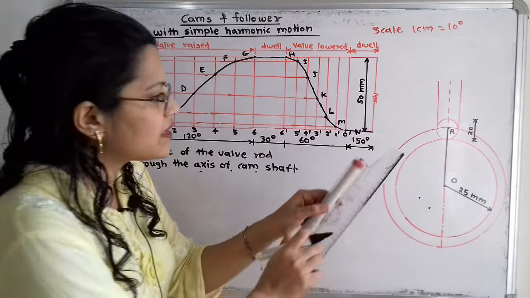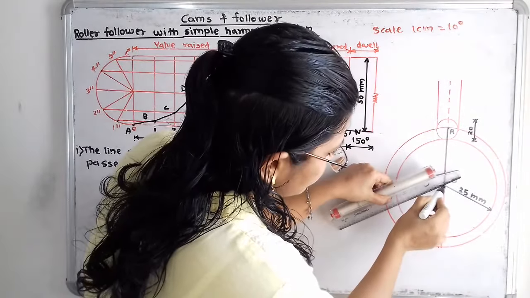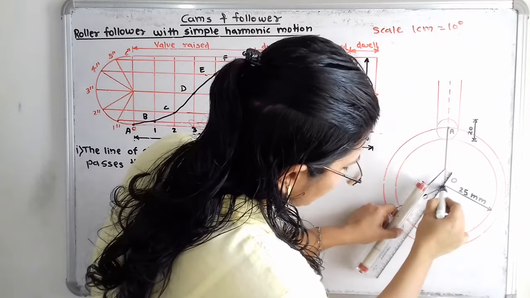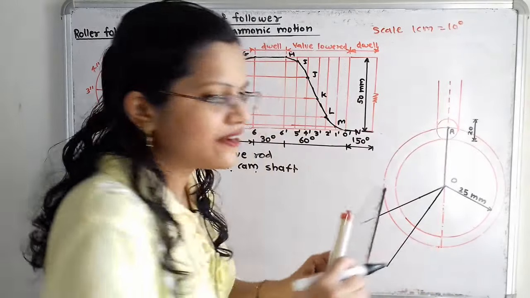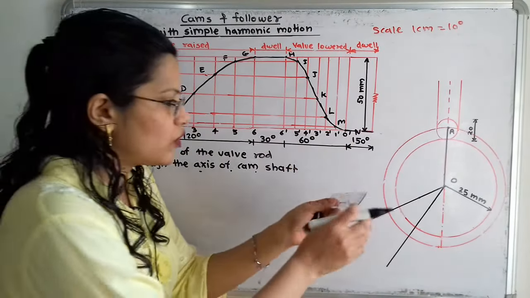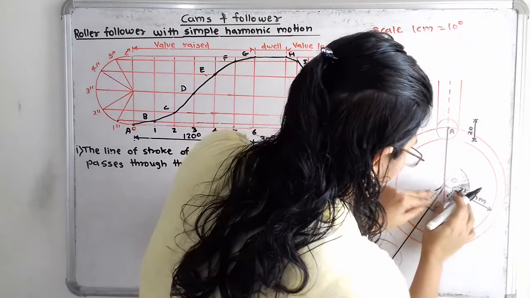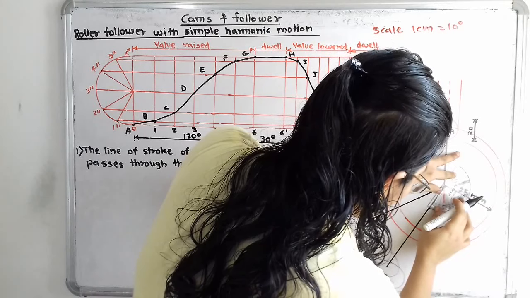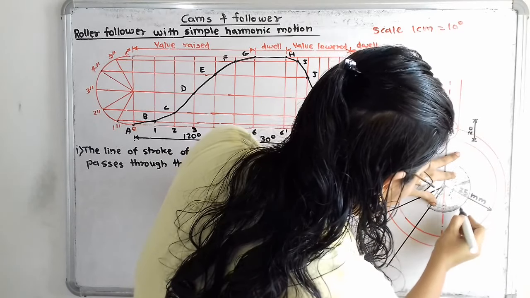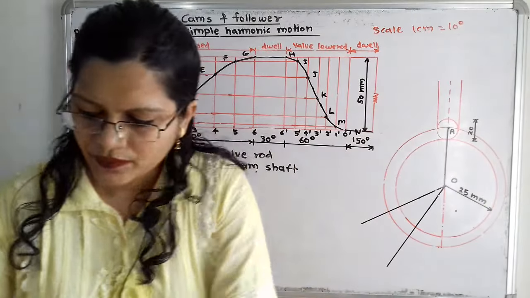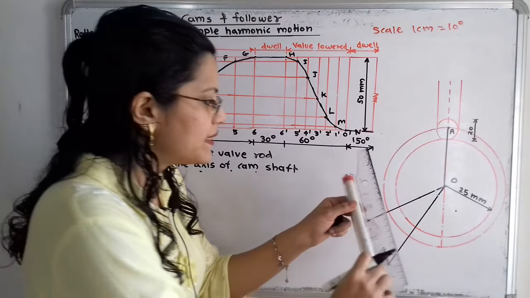So first I will complete this line, and then this is the dwell period, and after that dwell period we have to select the angle of 60 degree. So again I will select one angle of 60 degree, and that 60 degree angle will be the return stroke.